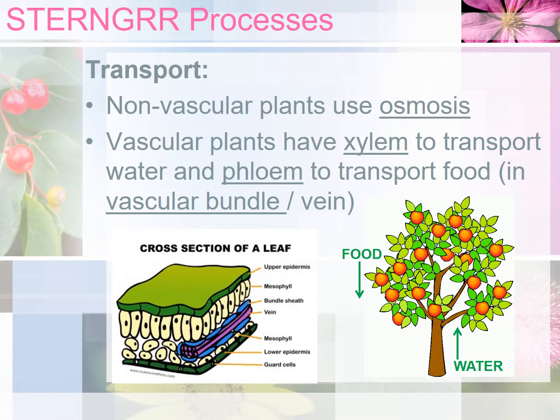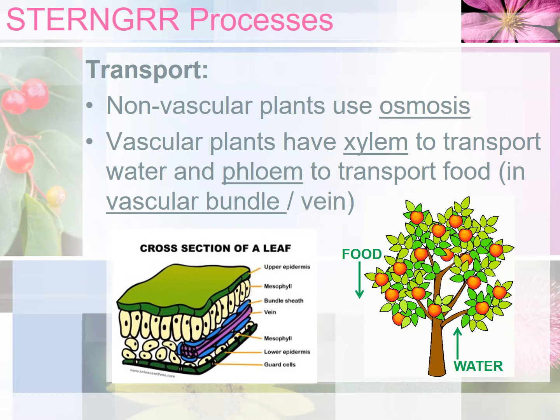Transport. All right, so our non-vascular plants move their food and water through the process of osmosis. Osmosis is the diffusion of water, and we learned how it moves, high to low, all of those things earlier in the year.